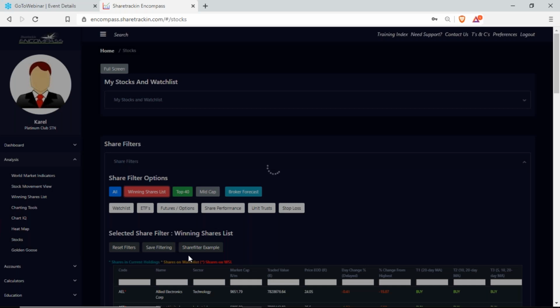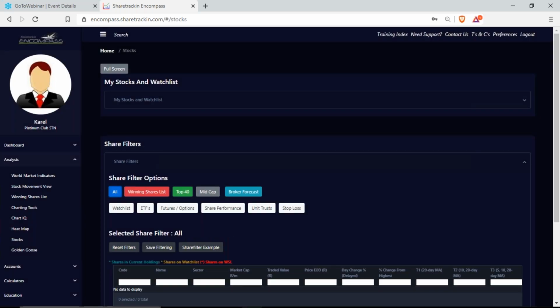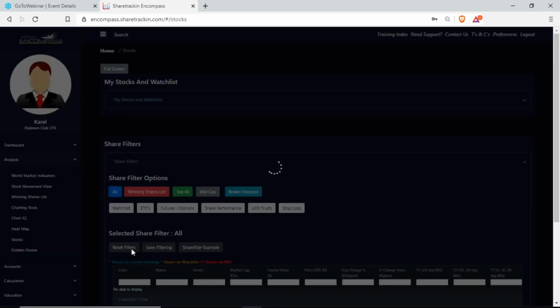So let me start at reset filters. In other words, let's say I type in a specific code or a specific name or sector. The easiest way to clear it is by clicking on the reset filters, and it restores it to its original screen.